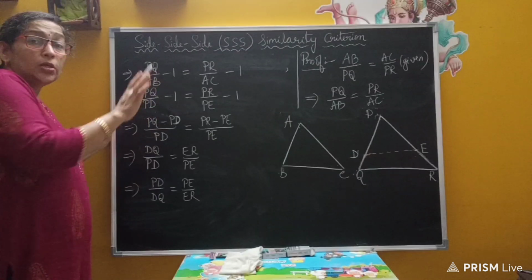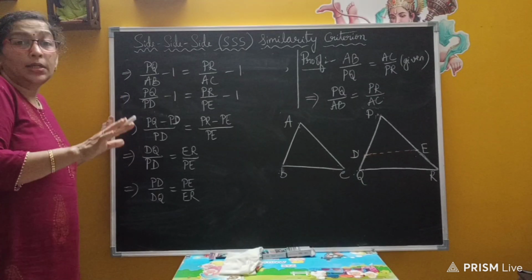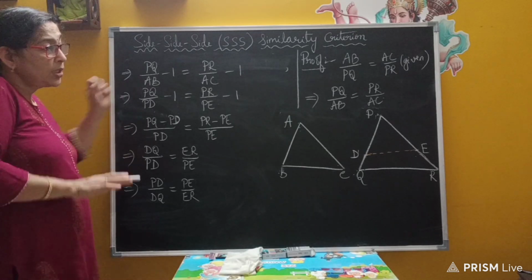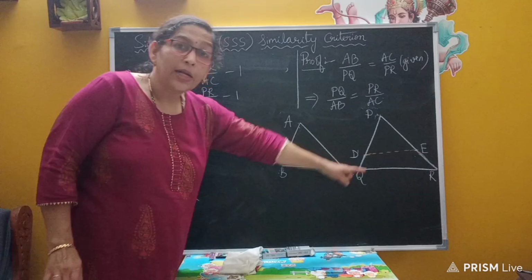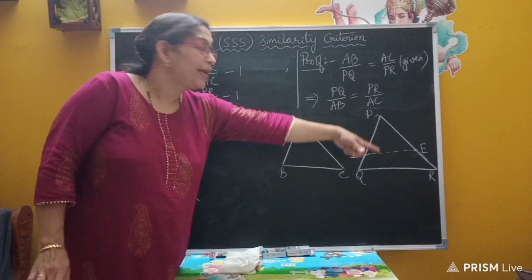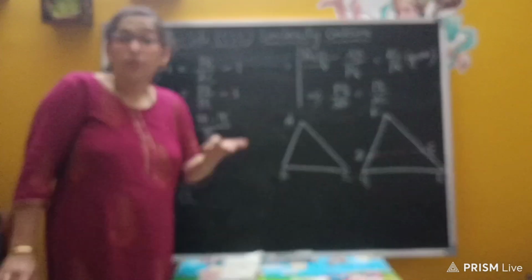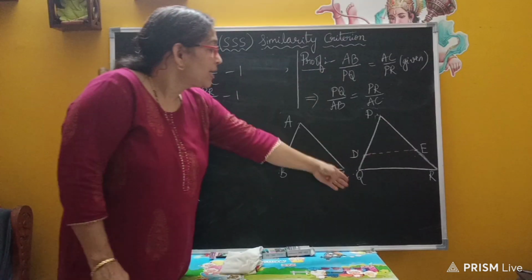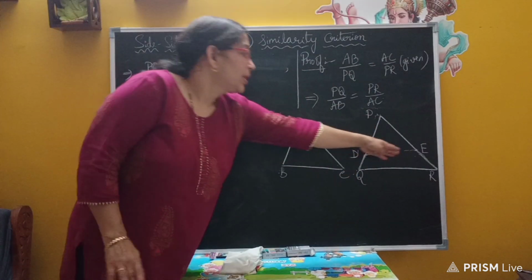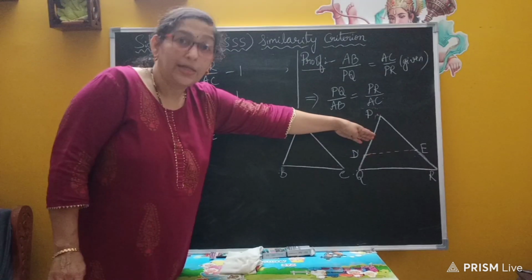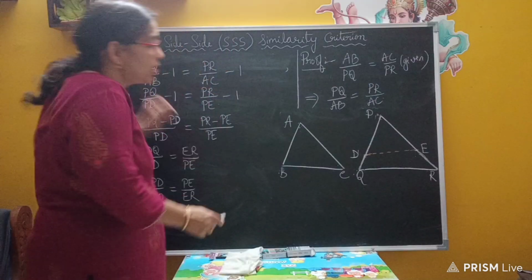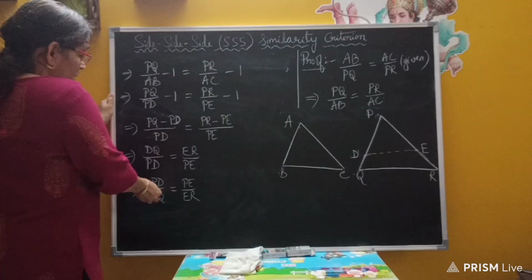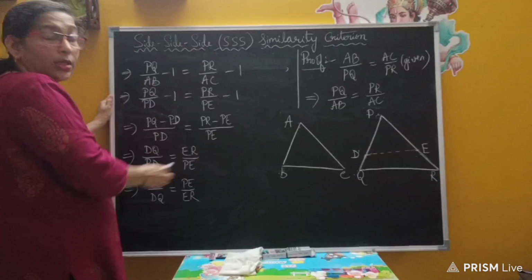In the basic proportionality theorem, if a line is parallel to one of the sides in a triangle, the other two sides are divided in the same ratio. What is its converse? If the sides are divided in the same ratio, the line which divides them is parallel to the third side. So here this is nothing but the converse of BPT or Thales theorem.